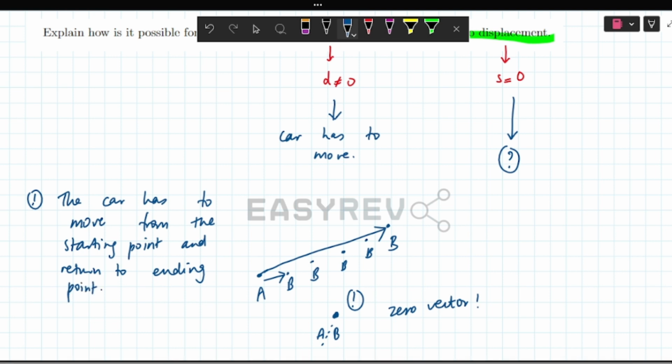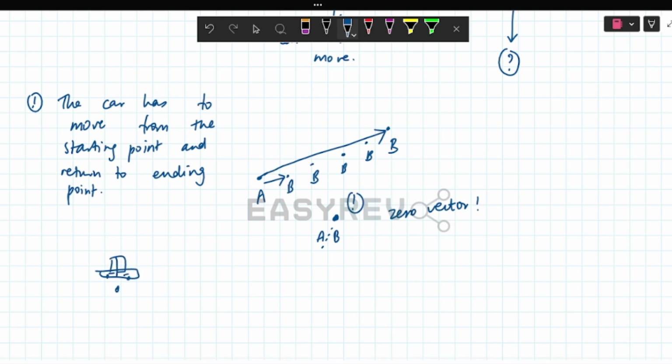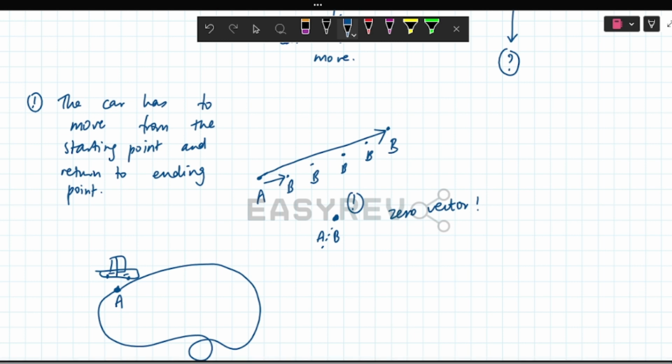So diagrammatically, that would look something like this. You have a car starting from A, covers some path and returns back at A.